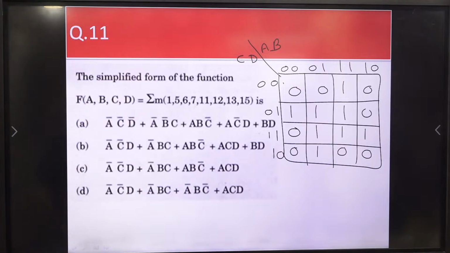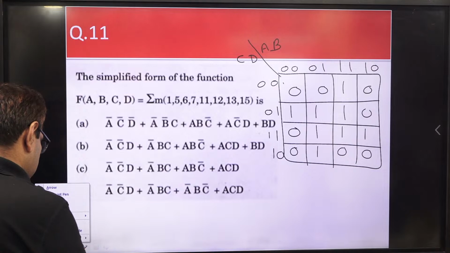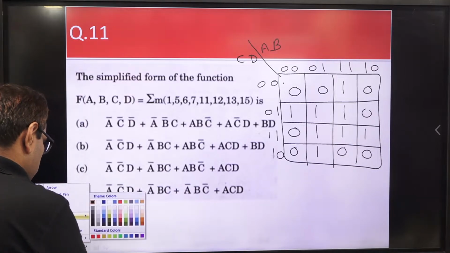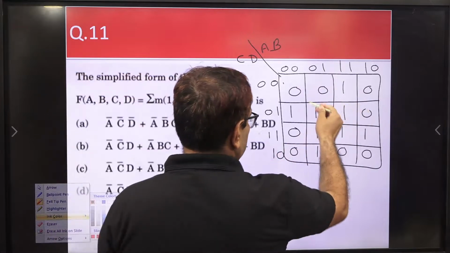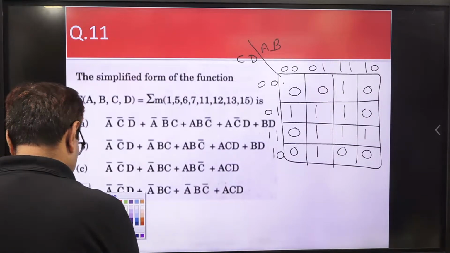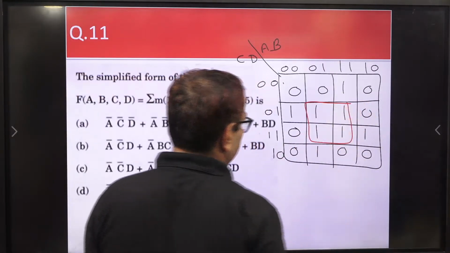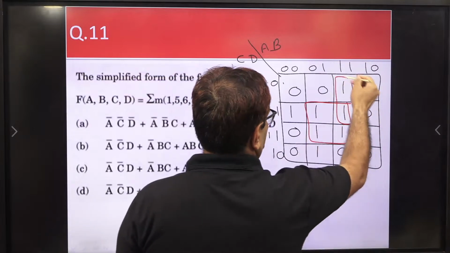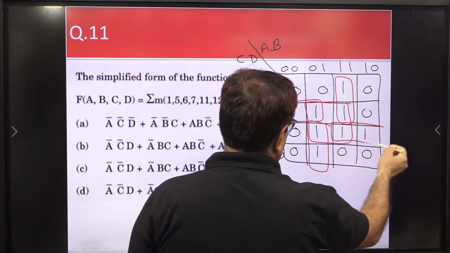Very, very useful problem. In this case, when we make the grouping, we use the concept of essential prime implicant. Here we can make these prime implicants. This is a quad, one prime implicant. This is a pair, this is a pair, this is a pair, and this is a pair.